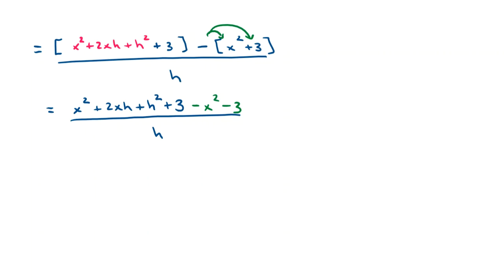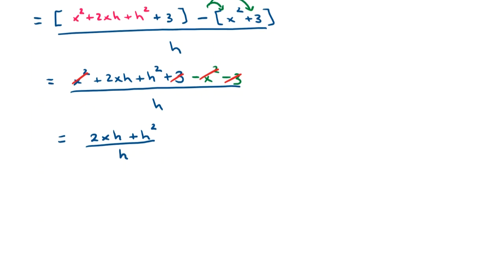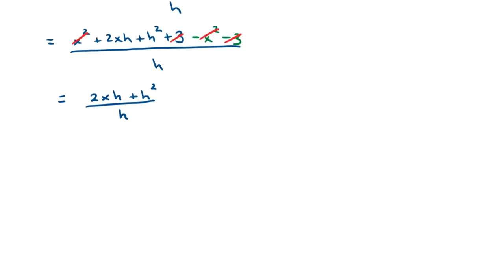Now looking at the numerator, it looks like we have a couple of things that are going to cancel out. Namely the x squareds and the 3 and negative 3. They're going to cancel each other out. So what's remaining in the numerator is 2xh plus h squared all over h. And what I'm going to do next is break this single fraction up into two separate fractions, each with a common denominator of h.